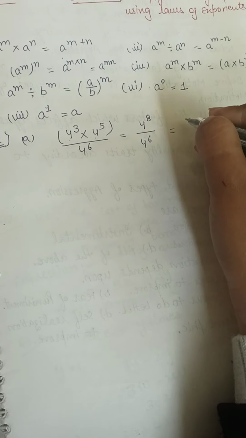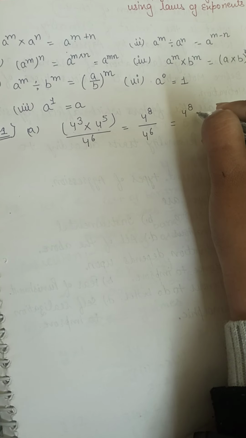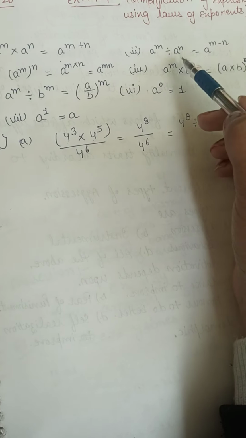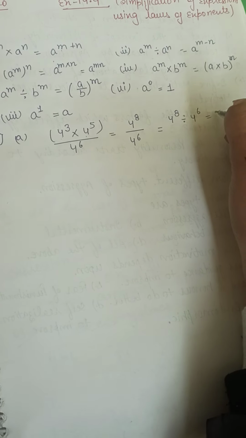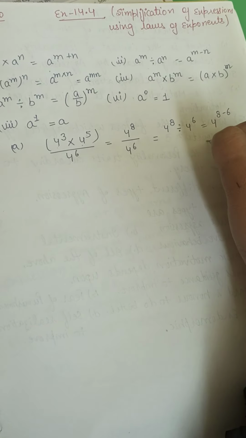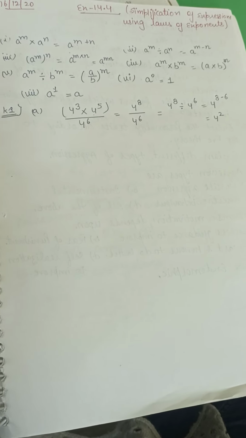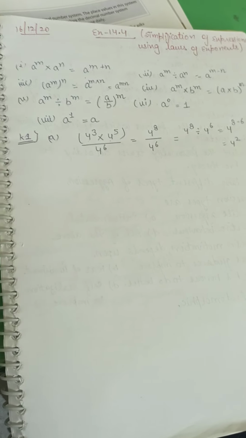We can write it like this also, 4 to the power 8 divided by 4 to the power 6. Apply this law, 4 to the power 8 minus 6, and it equals 4 to the power 2. Clear? Like this you have to use the laws of exponents.